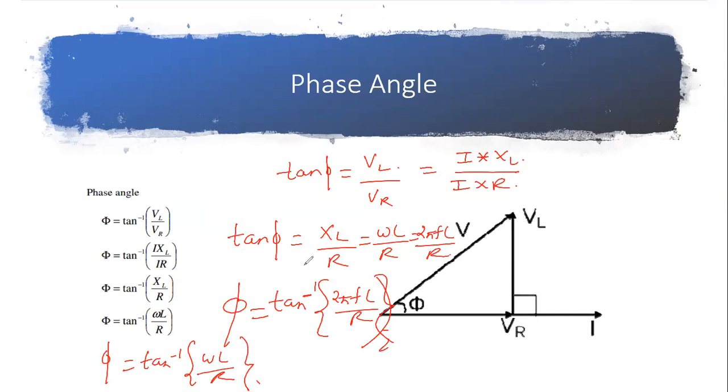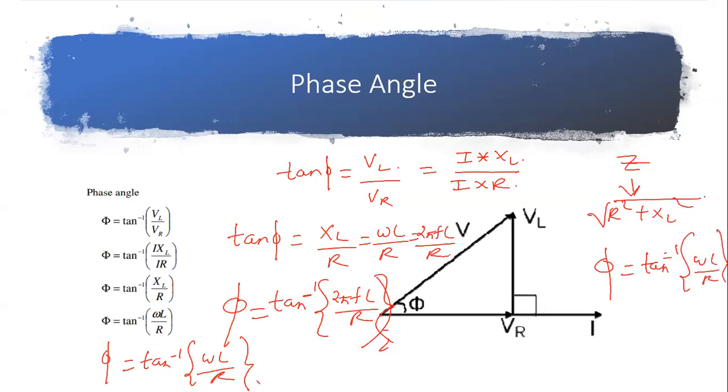So you can use this phasor diagram to identify the impedance also, which is coming out to be root over R square plus XL square. And you can also find the angle, which is tan inverse of omega L by R. L and R are always given in the question.